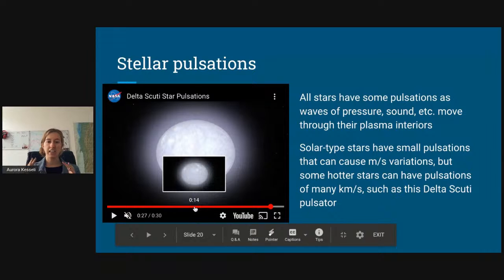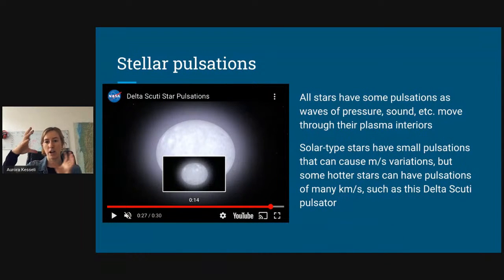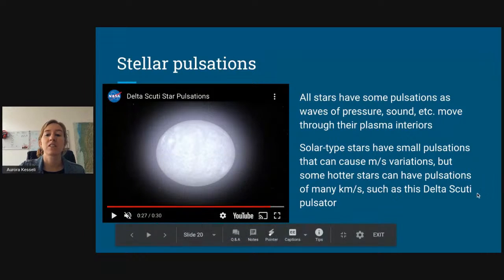So you can see it gets brighter and dimmer, and then maybe the top half gets brighter and the bottom half gets dimmer, and then the bottom half gets brighter and the top half gets dimmer. And all of these brightenings and dimmings are causing radial velocity jitter for these stars on the kilometer per second level, with velocities of about kilometers per second.